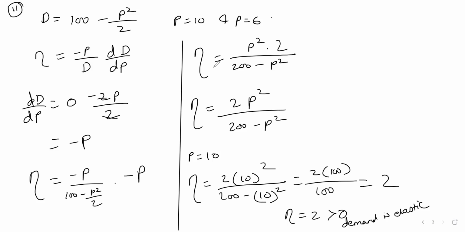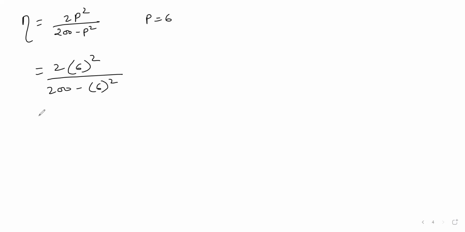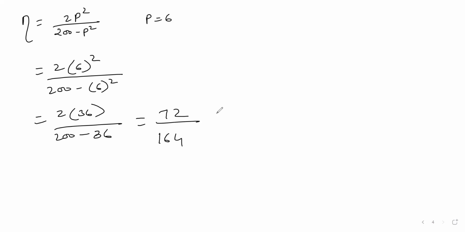Now we will take this same elasticity function, and we'll find what the elasticity is at price 6. Now this will be 2 into 36, 200 minus 36. So this will be 72 upon 164.